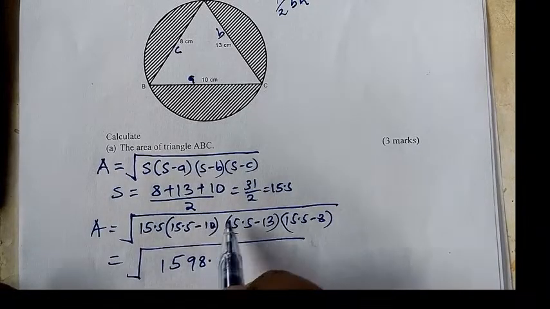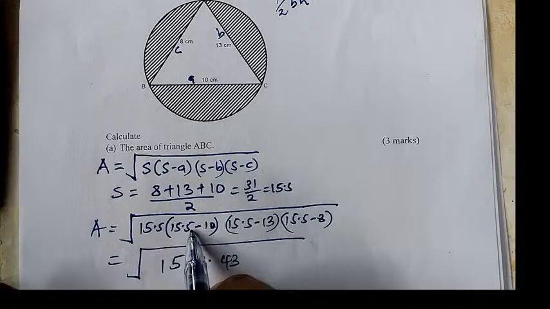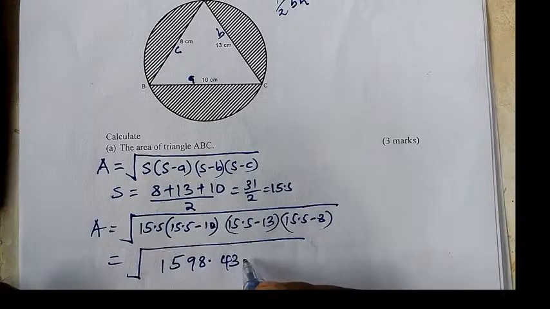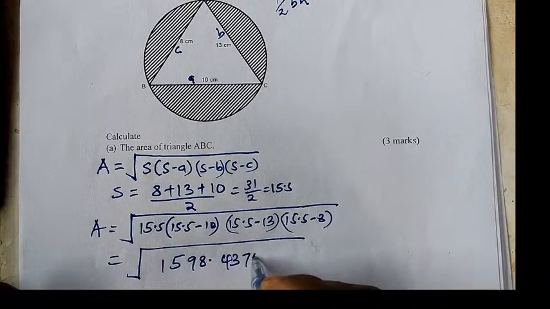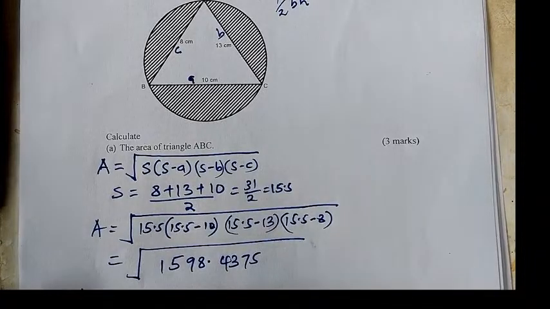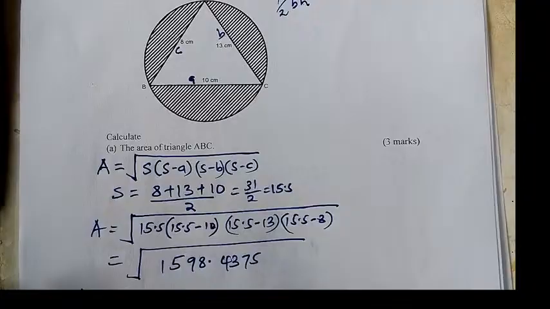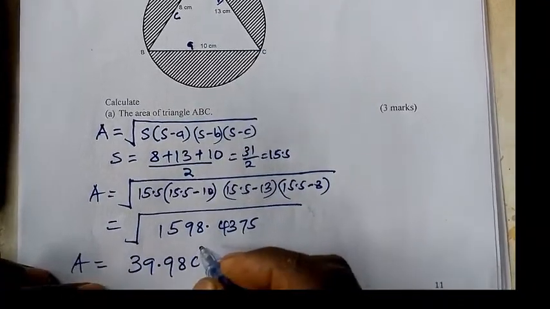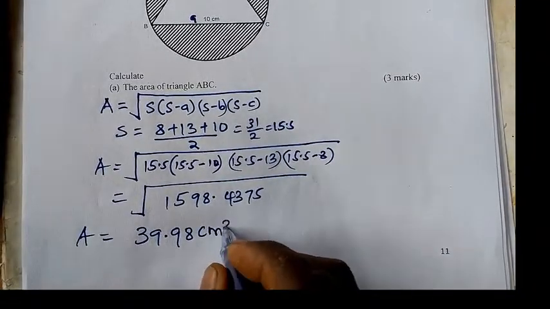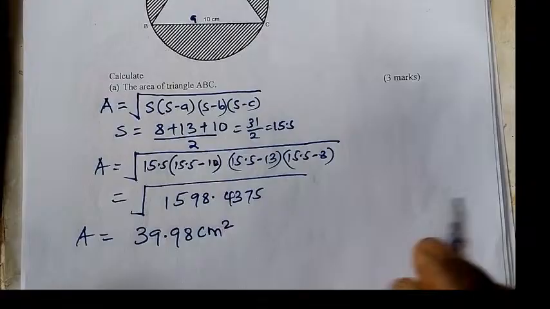Ikiwa hivi ni multiplication, so we this times this in multiplication. 75. So that's our area to be that 9.98 meters square. So the area is as simple as that.